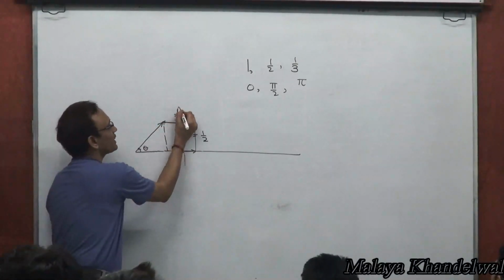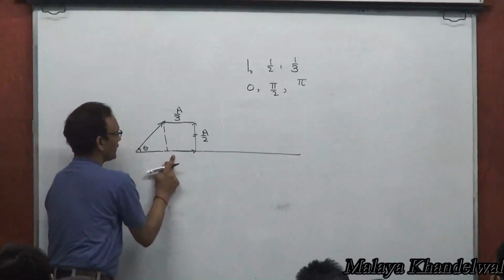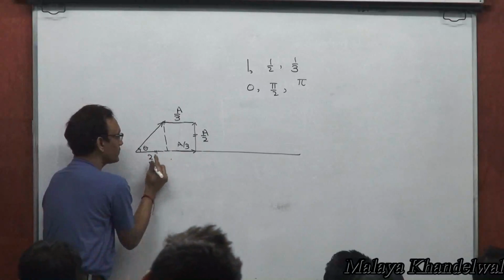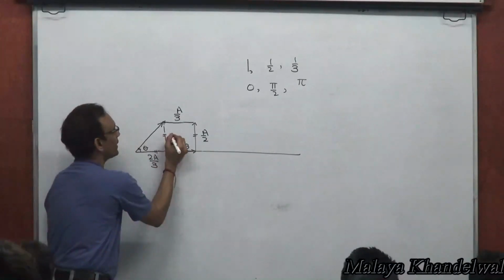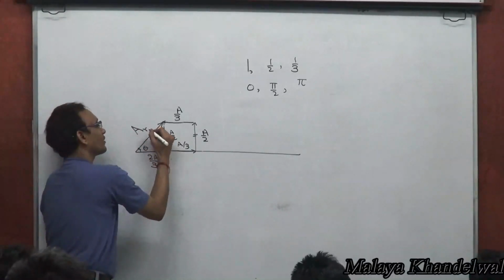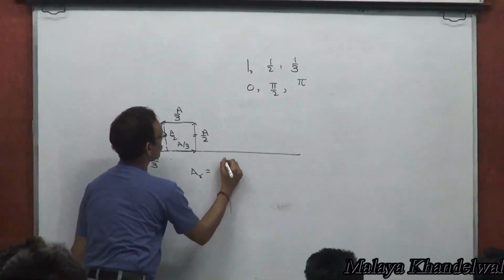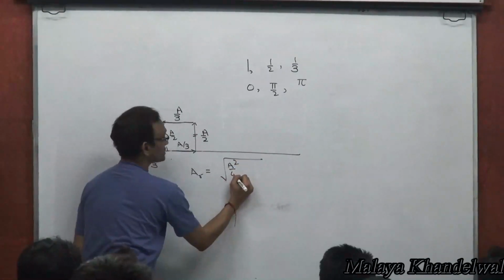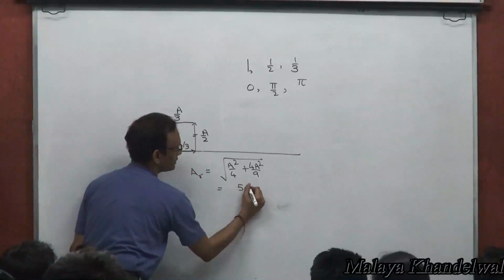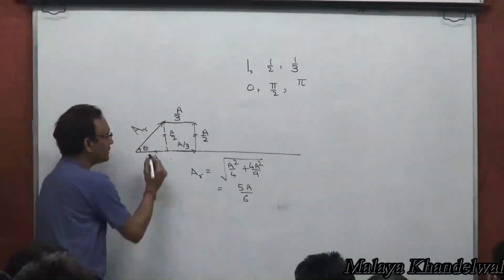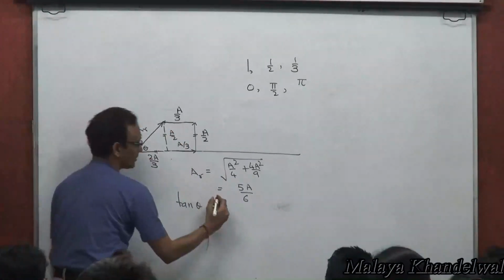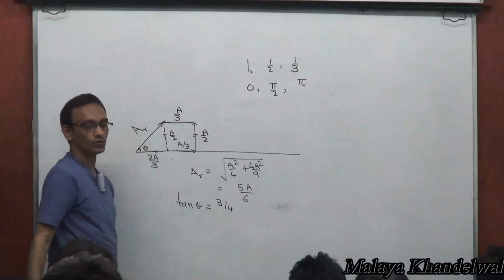Okay, so this is a/3, a/2 and this is a/3 and therefore this would be 2a/3 because this whole thing is 2a/3 and this is a/2. So obviously the required amplitude AR is going to be root a squared by 4 plus 4a squared by 9, which is 5a/6, and this angle theta is such that tan theta would be 3/4, right?